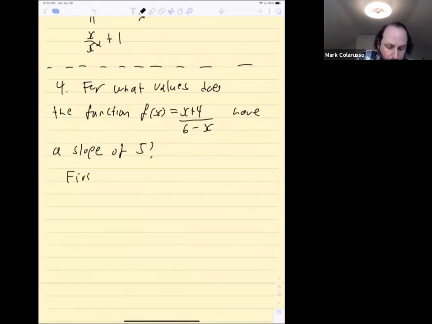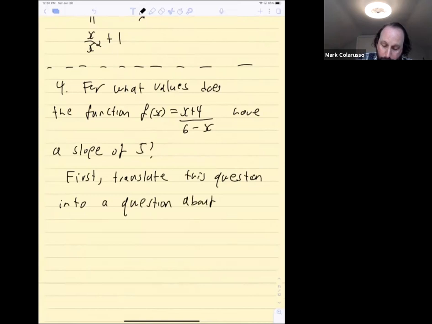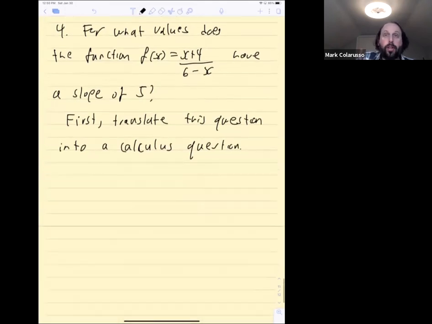So first, translate this question into a question about computing derivatives, into a calculus question. Okay, slope of 5. What is the slope?